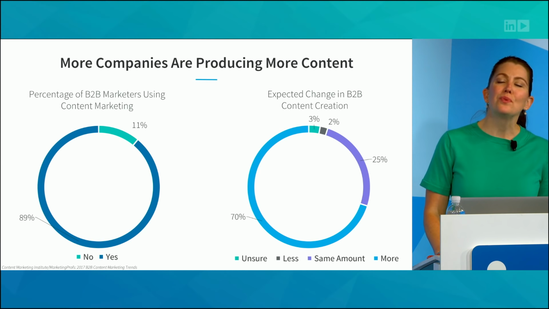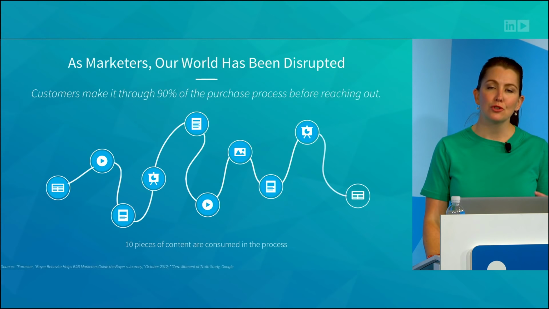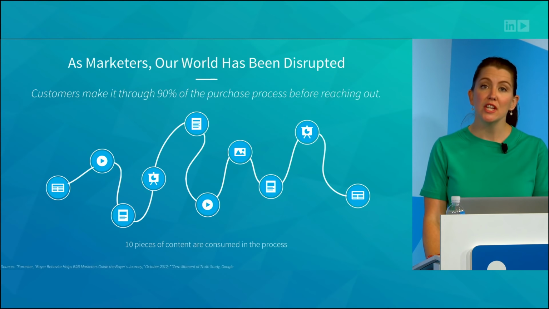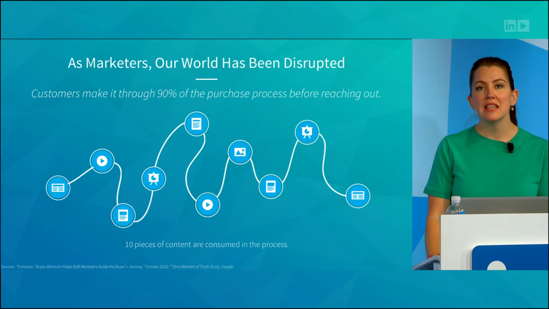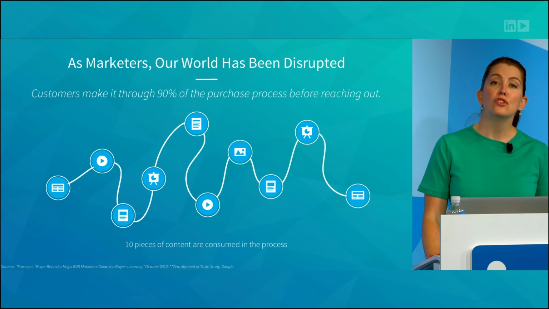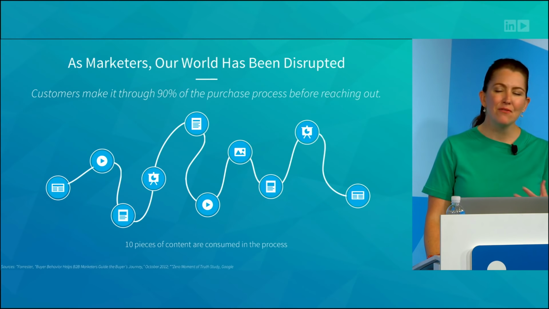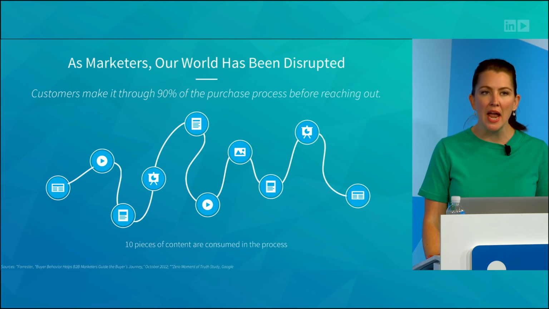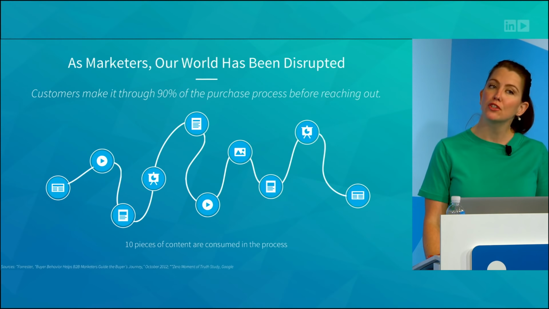And really the reason for that, why we see this trend year after year after year, is because we're seeing that as marketers, our world has been disrupted. Our audiences are consuming more content before they ever actually reach out to us, before we ever find out anything about them. They are consuming this content throughout their entire buyer journey.